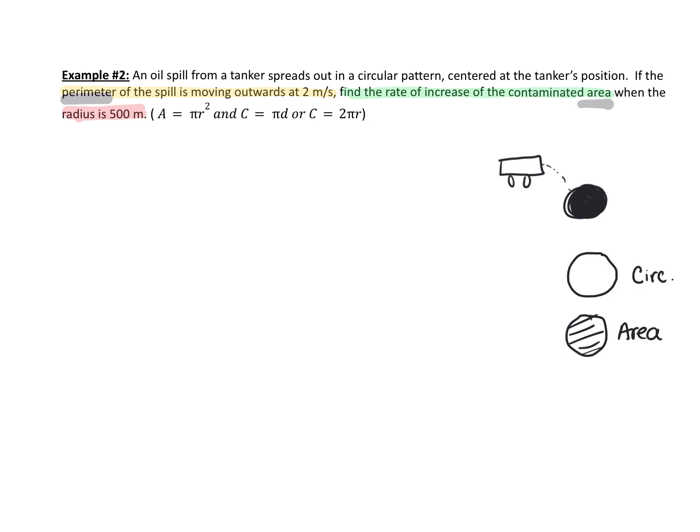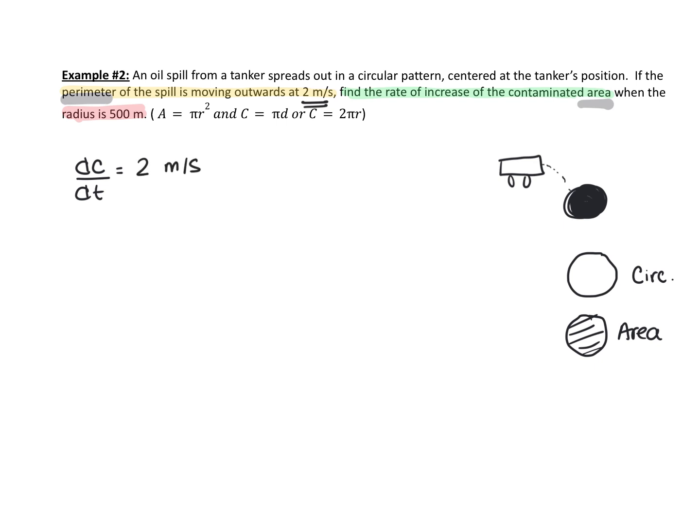So the perimeter is spilling out at a rate. It doesn't say rate, but it says meters per second, so meters per second is our rate. So dC/dt, the derivative of the circumference with respect to time, is increasing at a rate of 2 meters per second.